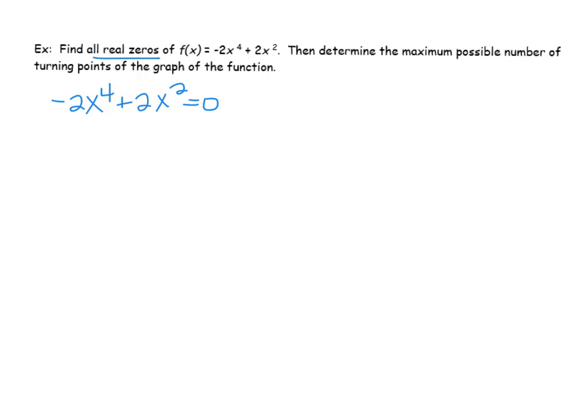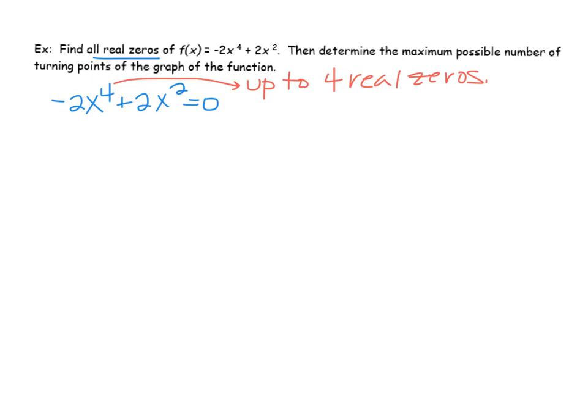Now, the key here is the biggest exponent means you could have up to 4 real solutions or 4 real zeros. So we could have 4 different answers when we're done, but it's not always guaranteed to be the case. To figure out your zeros, again, we set it equal to 0 and factor.